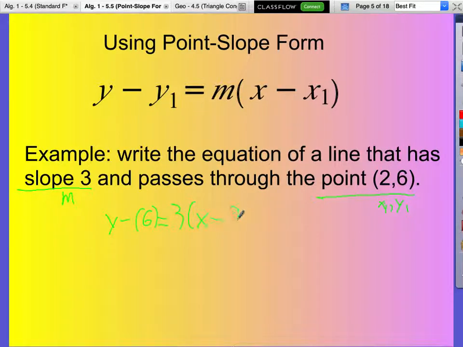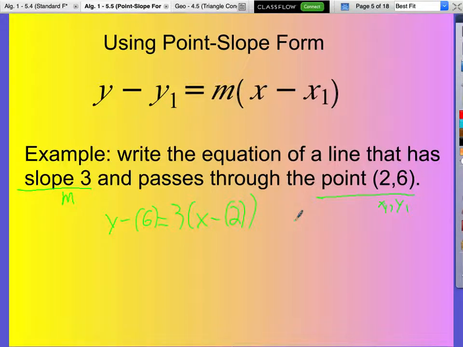It's the x from our point. So we just took this little formula here and substituted in the slope and the point, x1 and y1. We put the y minus y1 and x minus x1.